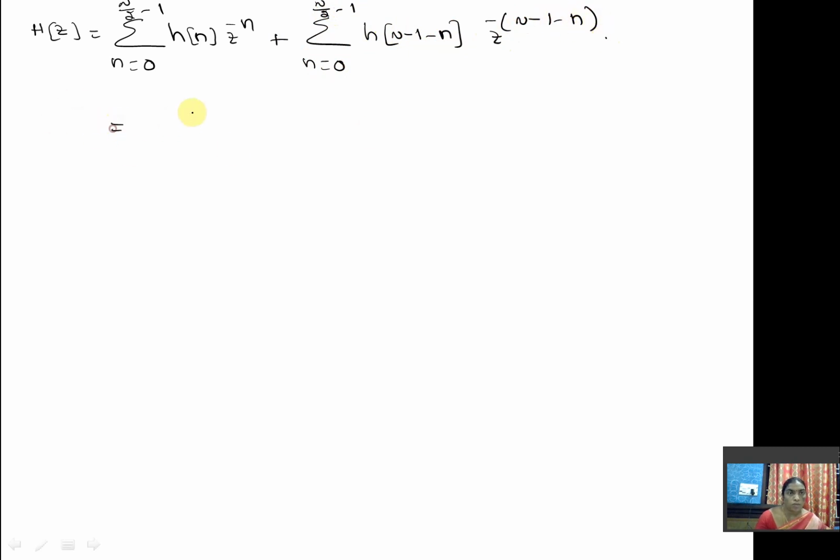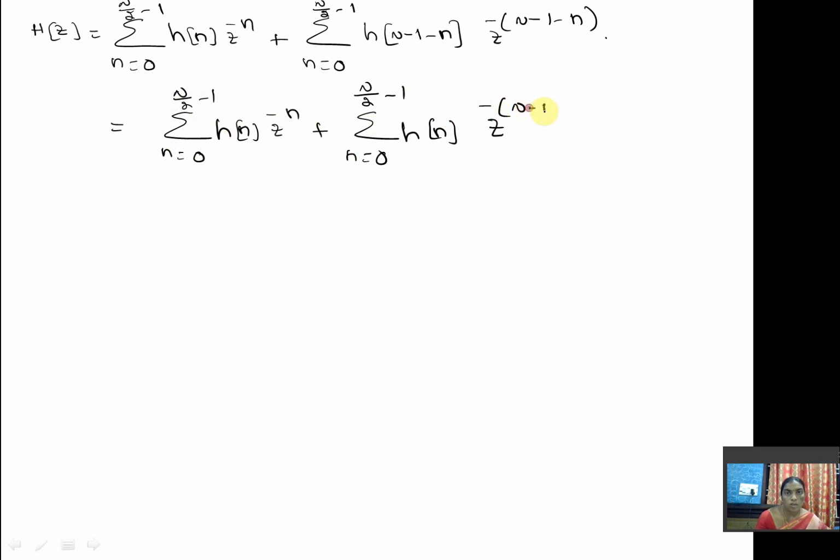And of course from the linear phase FIR filter we know that h of N minus 1 minus n is nothing but h of n. I am using that one, with limits up to N by 2 minus 1. Here is h of n, z power minus of N minus 1, here is z power n.